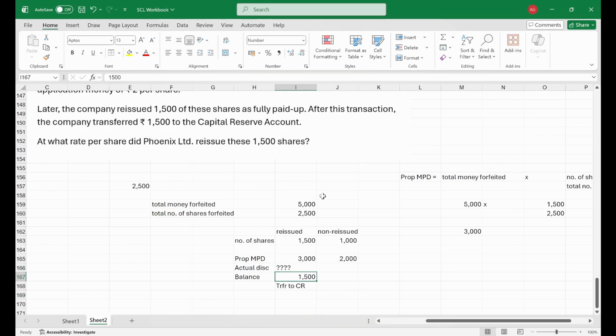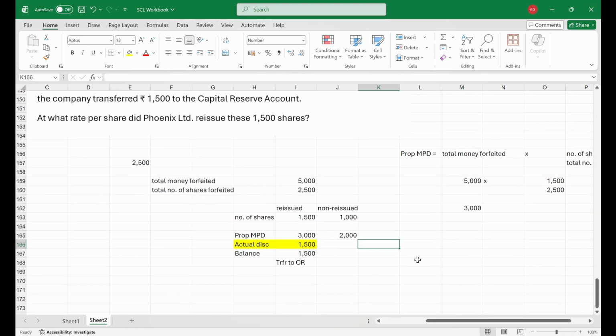So the question says it is 1,500. So 3,000 minus the actual discount will be the balance. Therefore, if the balance is 1,500, what will be the actual discount? This is 1,500. It's a simple subtraction: A minus B is equal to C. So A minus C will give you B, which is the actual discount.